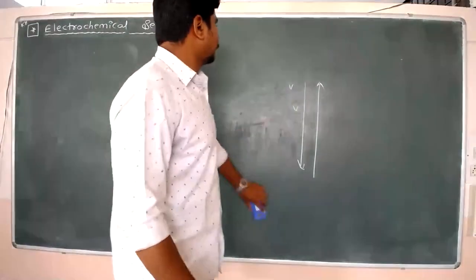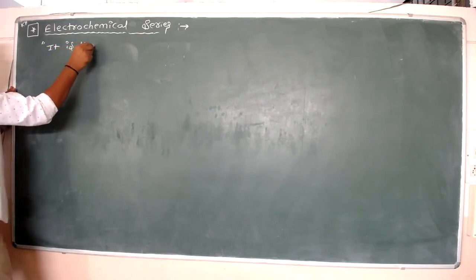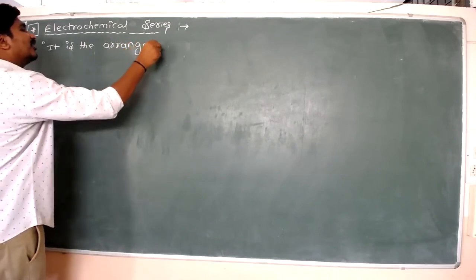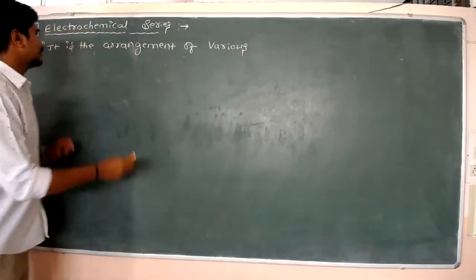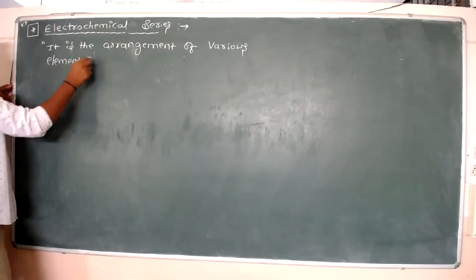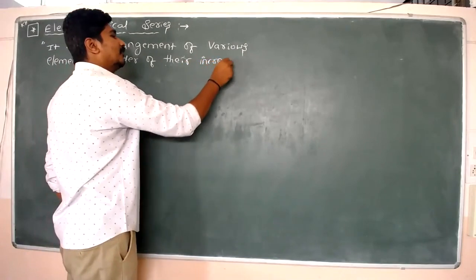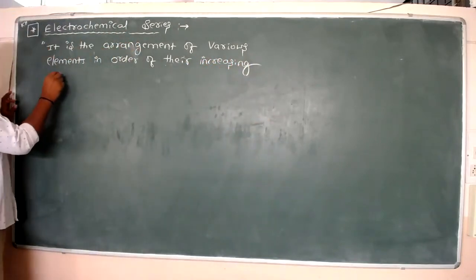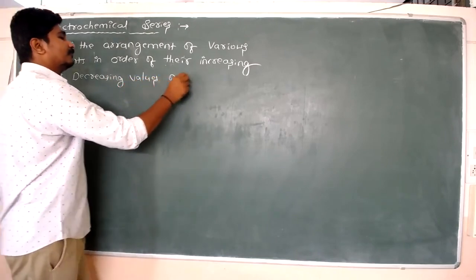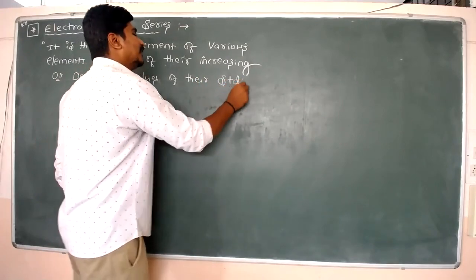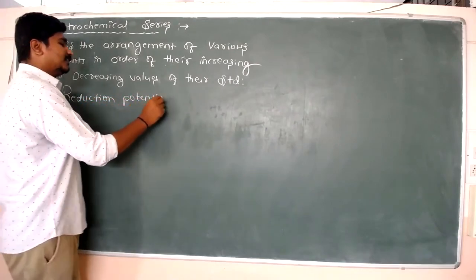Now we will see the definition. It is the arrangement of various elements in order of their increasing or decreasing values of the standard reduction potential, that is SRP.